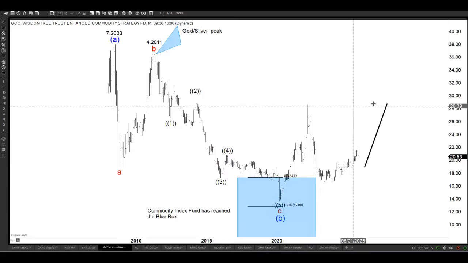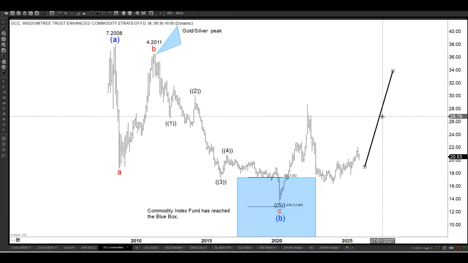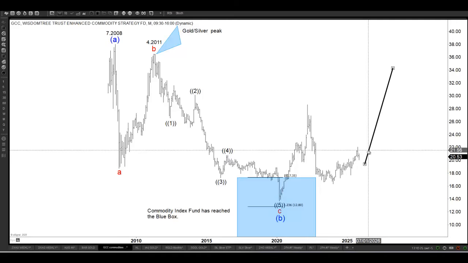And the reason why it's lagging is because of oil. It's because of oil.